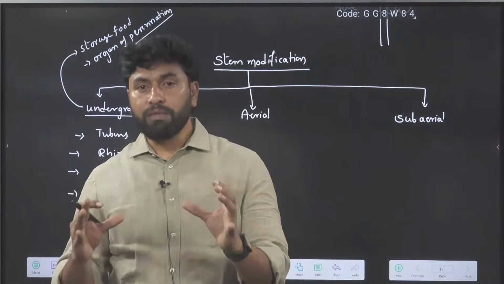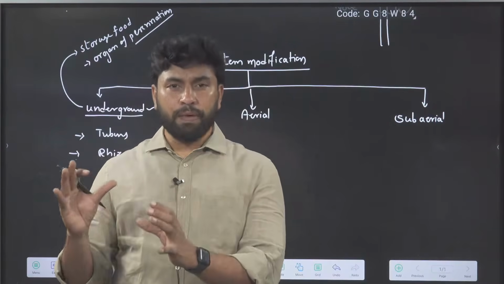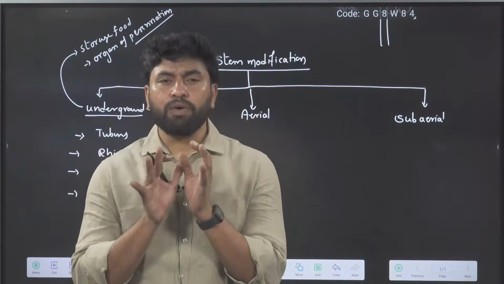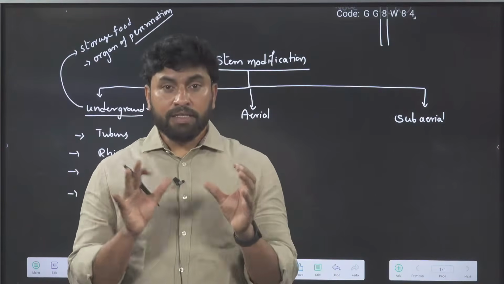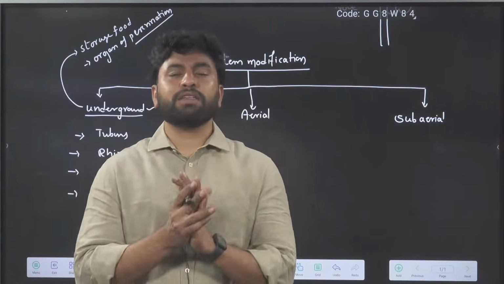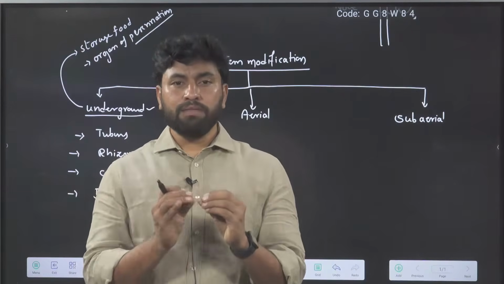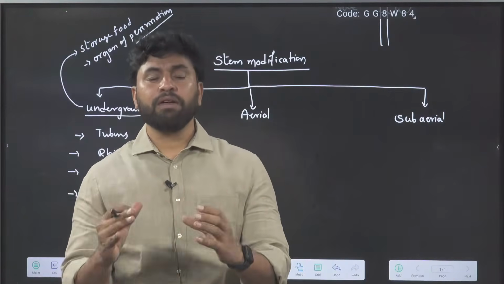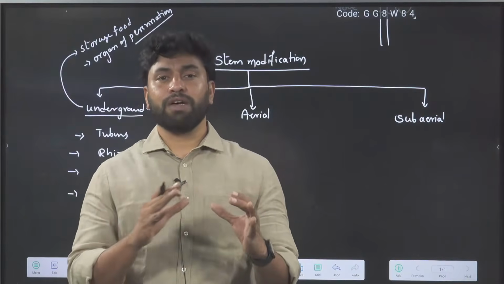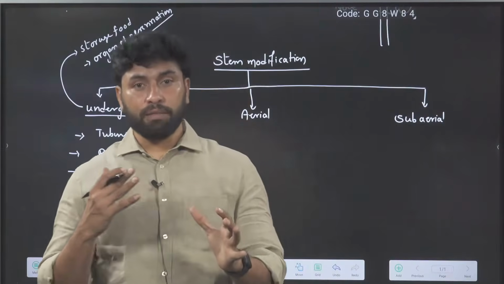In order to survive, some soft-stemmed plants keep their stem under the ground and stop growing vigorously. Such a dormant stem present under the ground is called a perennating body. Simply, a stem which helps the plant survive for many years under unfavorable conditions, we call a perennating body.